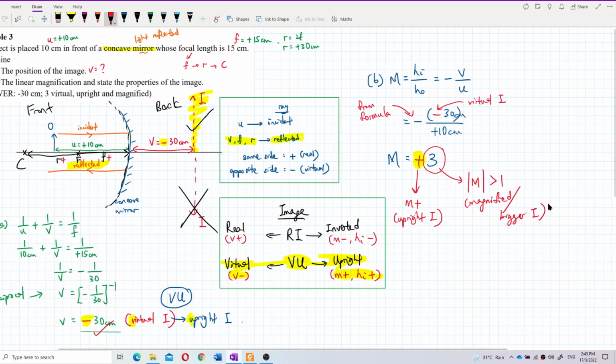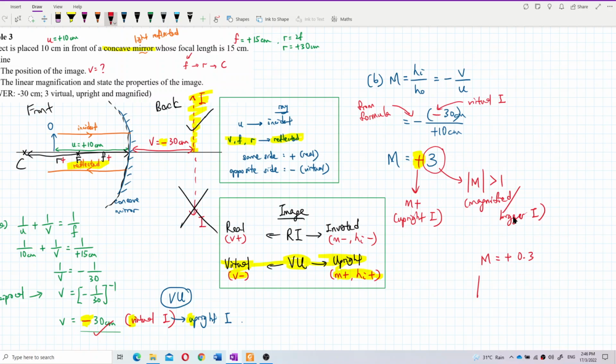Understand? So for this value, M equal to 3, it means it's magnified. If you get M equal to, let's say, positive 0.3, then this one is diminished, because the value of M is less than 1.